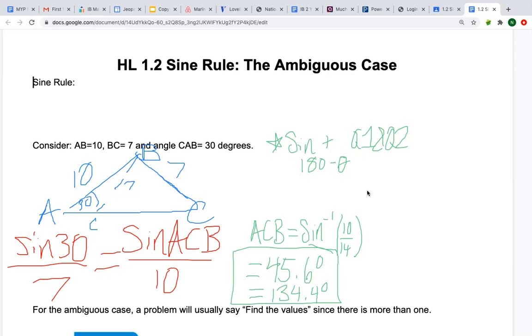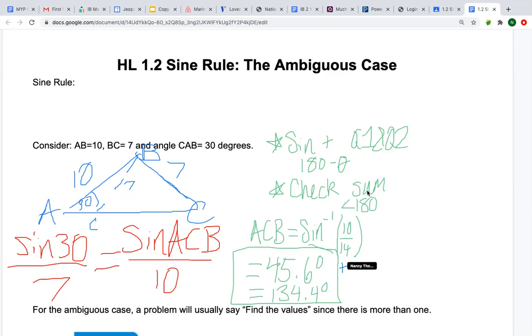However, we have to do something else to make sure that both of these answers work. We know that the sum of all angles is 180, so you need to make sure that the sum of your known angles is less than 180. And I'll show you what I mean by this, because the known angle that I already have is 30.